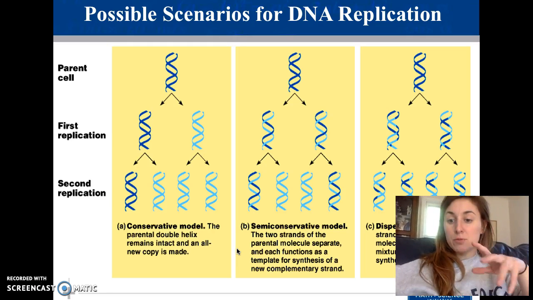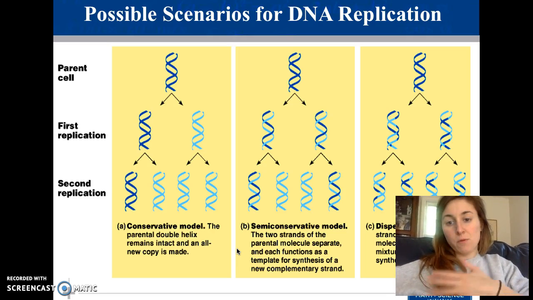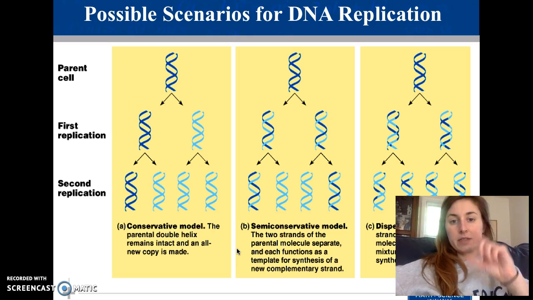There are 3 possible hypotheses for how DNA replicated when they first started thinking about how we get new DNA. The first was conservative. Basically, the parent DNA made a complete copy of itself in the form of a daughter strand, and after each replication, you always got an identical copy of the full parent DNA strand.